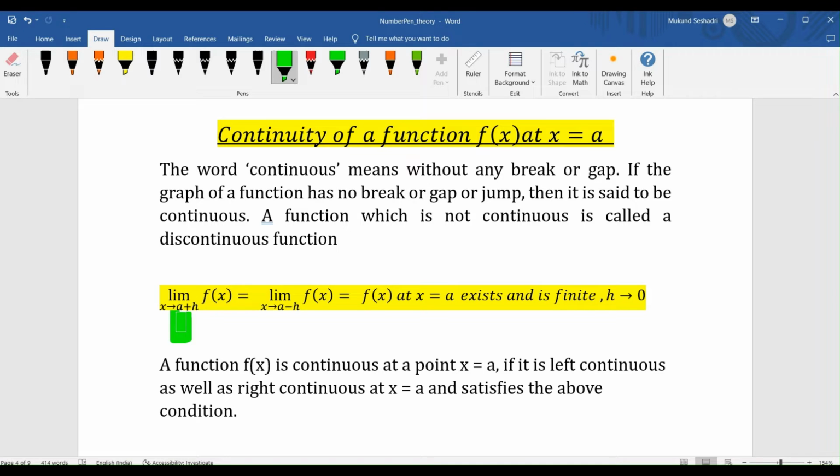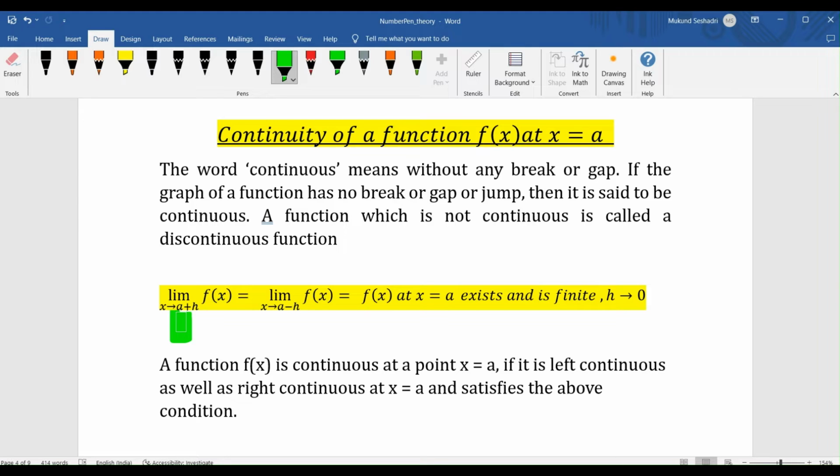And if as x tends to a plus h, which is what in the world of limits we call the right hand limit, it still equals f of x at x equals a, right? Which means that there is no break in the function y is equal to f of x as we pass through a, right? And this is applicable both for left hand limit and the right hand limit, right?